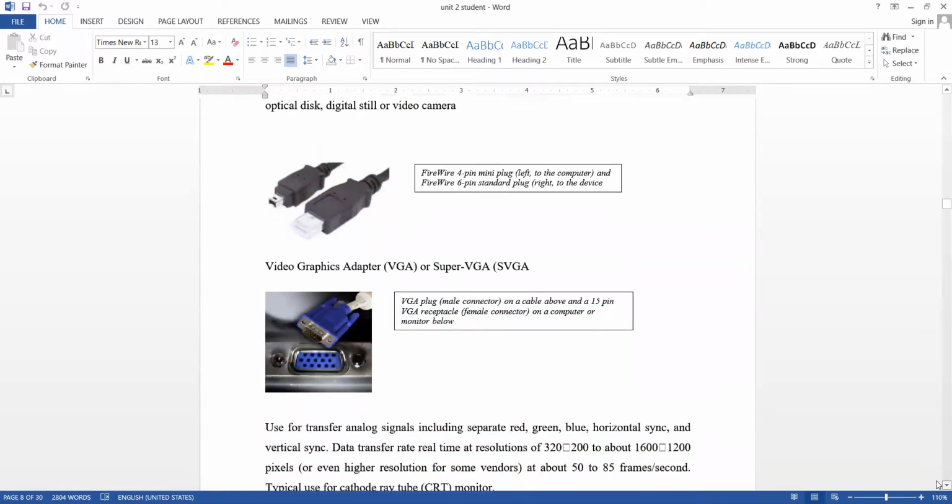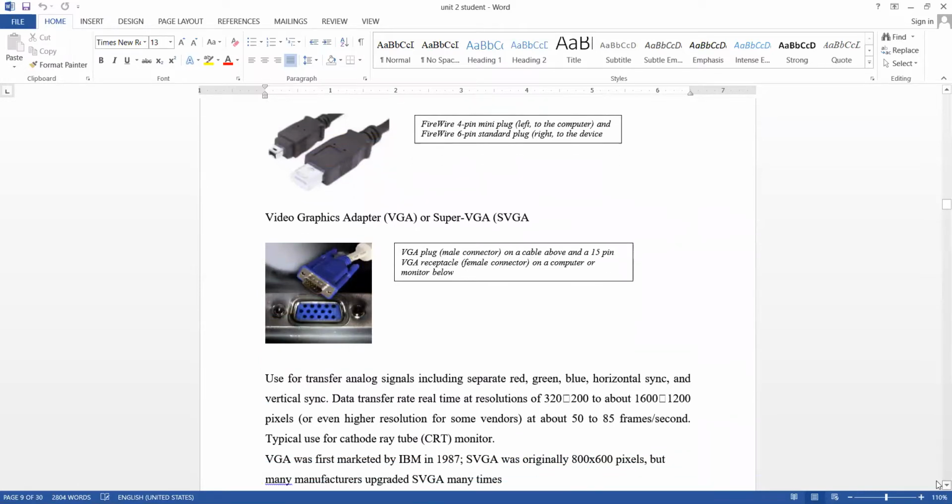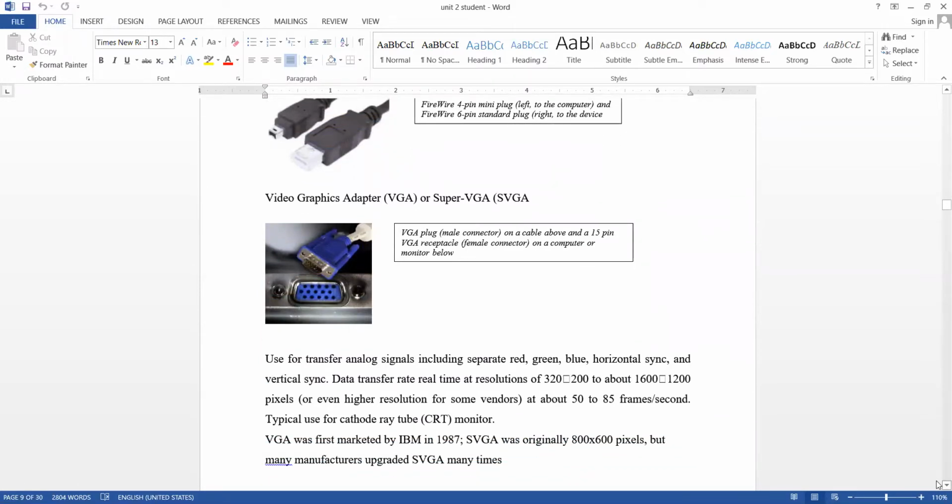Then the other one, VGA or Super VGA. These are used to connect monitors, or there are some projectors you can connect through this VGA port, right? Here also the shape is a bit different. When you're plugging, you have to check the shape.